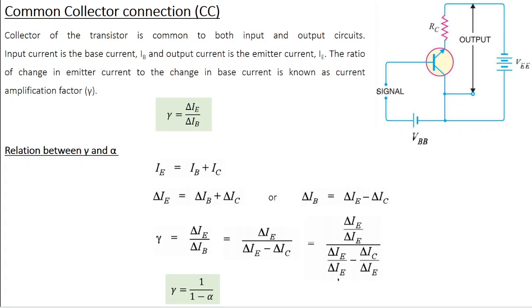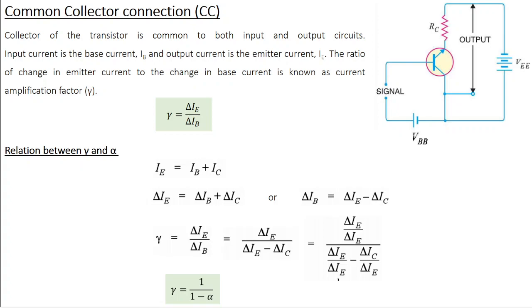But if you look at the current amplification factor magnitude here, since delta IB is very small, the current amplification factor is pretty good here. But if you look at the voltage gain of common collector connection, it is very small. So practically the common collector connection also doesn't have much use.